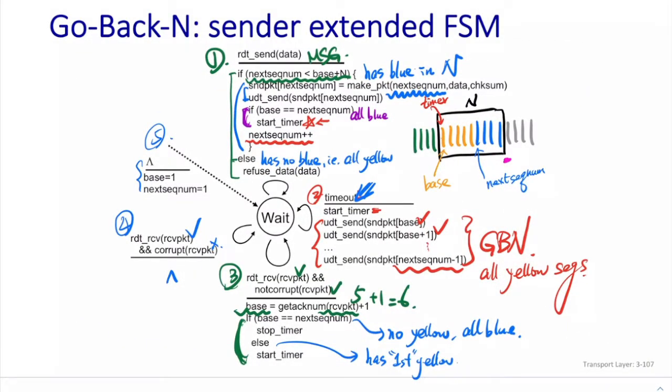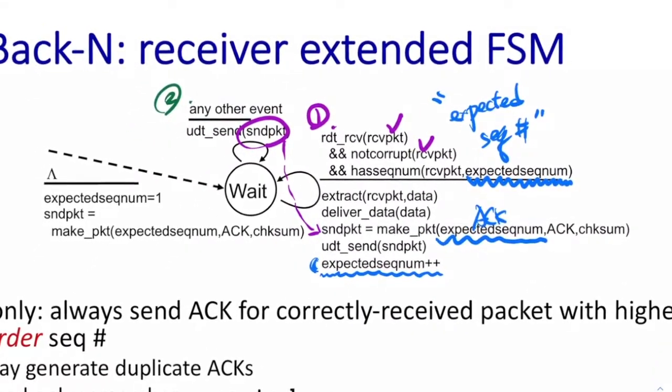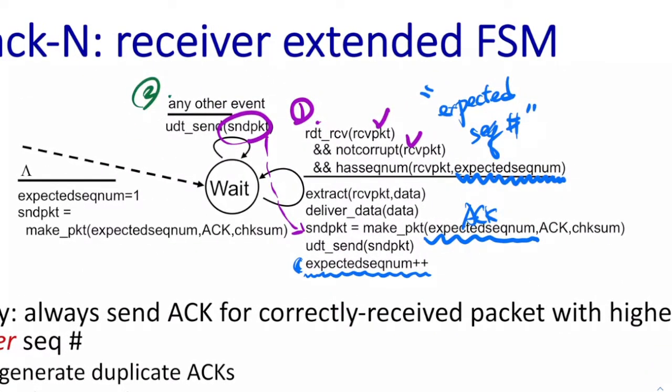As with the sender's finite state machine, as a receiver it is even easier. As I mentioned before, for Go-Back-N as a receiver, you only need to remember your next expected sequence number. So right here, for step number 1, as a receiver, when you receive a packet and the packet is not corrupted and the sequence number is exactly what you expected, then everything is fine.